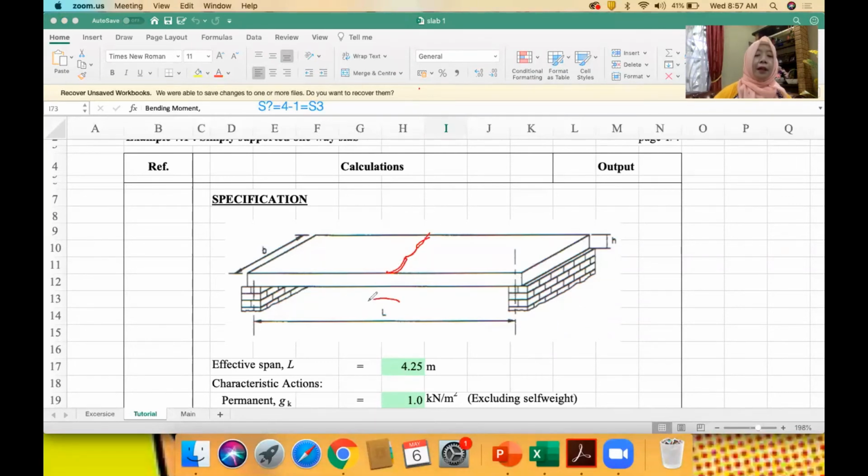Therefore, our design span is L here. So we need to take 1 meter width from this slab. Take 1 meter width here with the length L, okay?